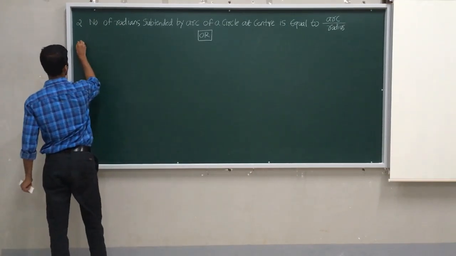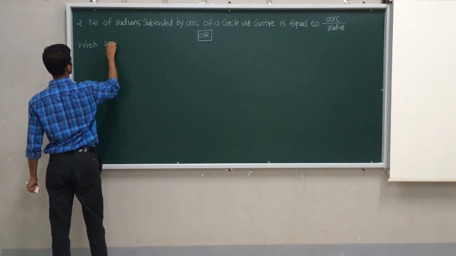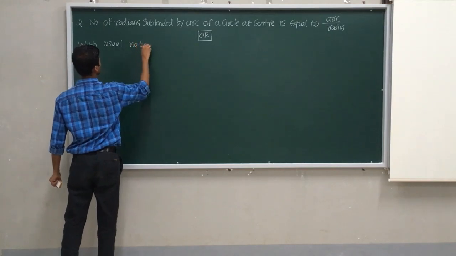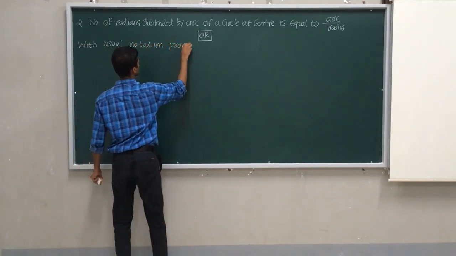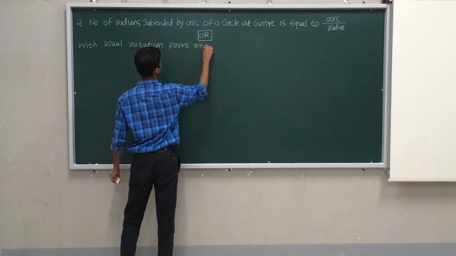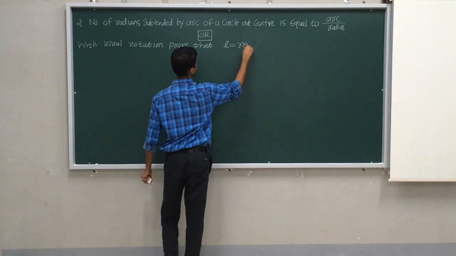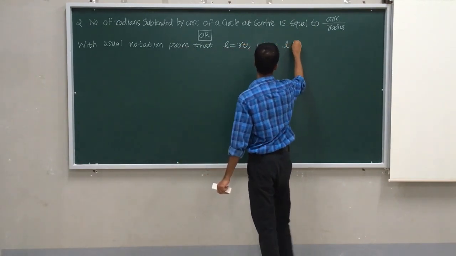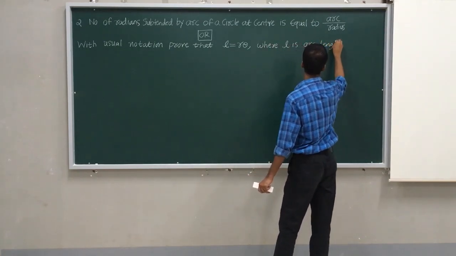With usual notation, prove that L equals r theta, where L is arc length.